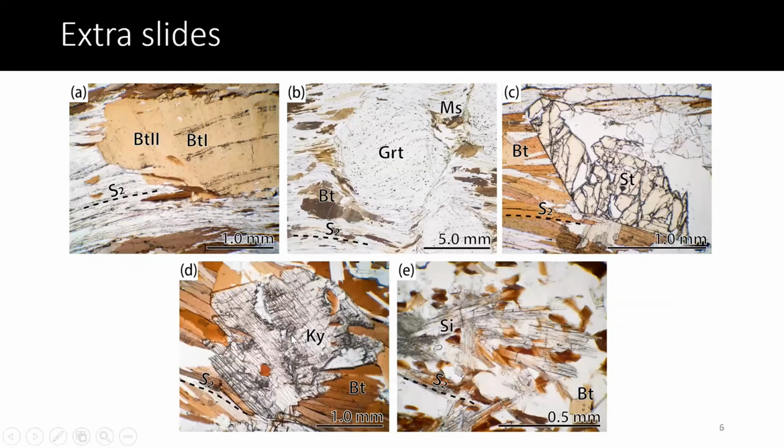So here's the relationship of the porphyroblast to the fabric. The kyanite you see clearly overgrows the fabric. There's no warping of the S2 fabric here. Sillimanite, you have a lot of small, fine-scale fibrolite and some prismatic development, but it's not quite as clear from the microstructure that you can definitively say post-tectonic. So just to be safe, we've said that it's syn- to post-tectonic.